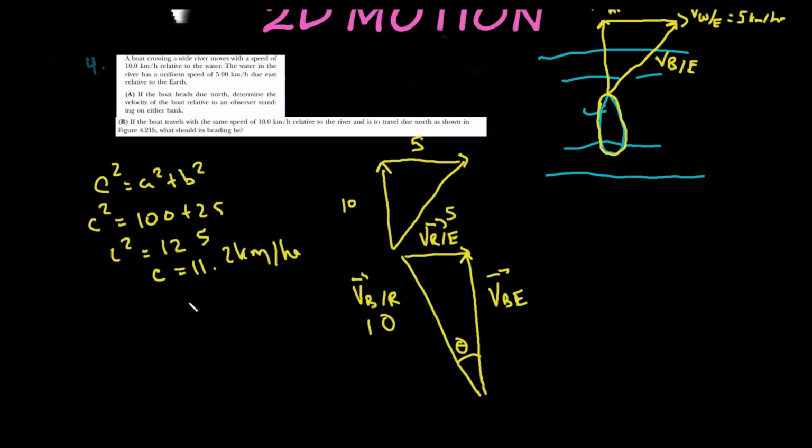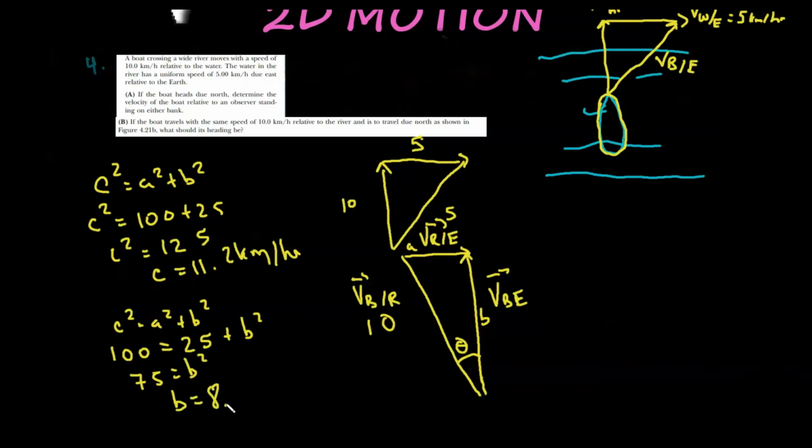So it's another Pythagoras' theorem. So c squared is equal to a squared plus b squared. So we got 100 is equal to 25 plus b squared, calling this a and this b. So 100 minus 25, 75, is equal to b squared. So b is equal to 8.66 meters a second.